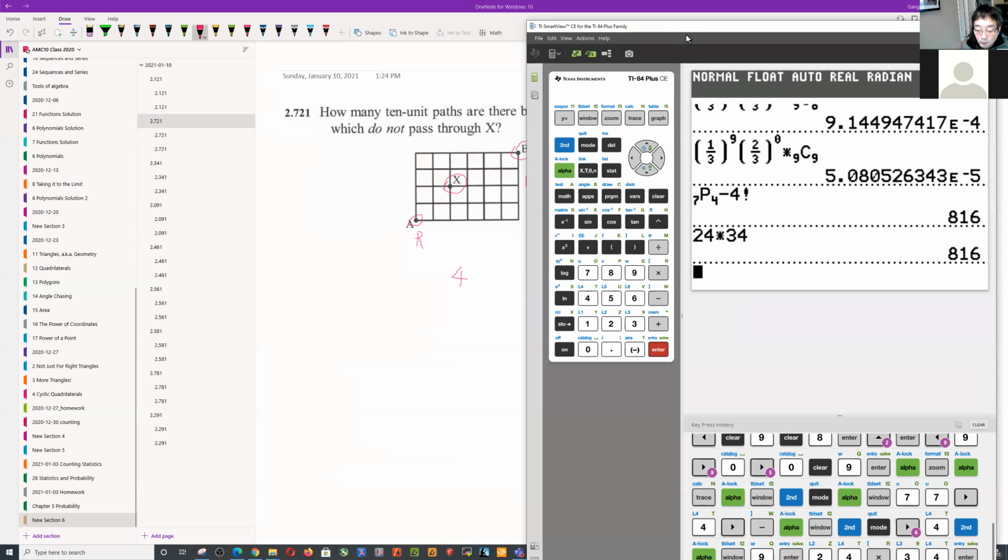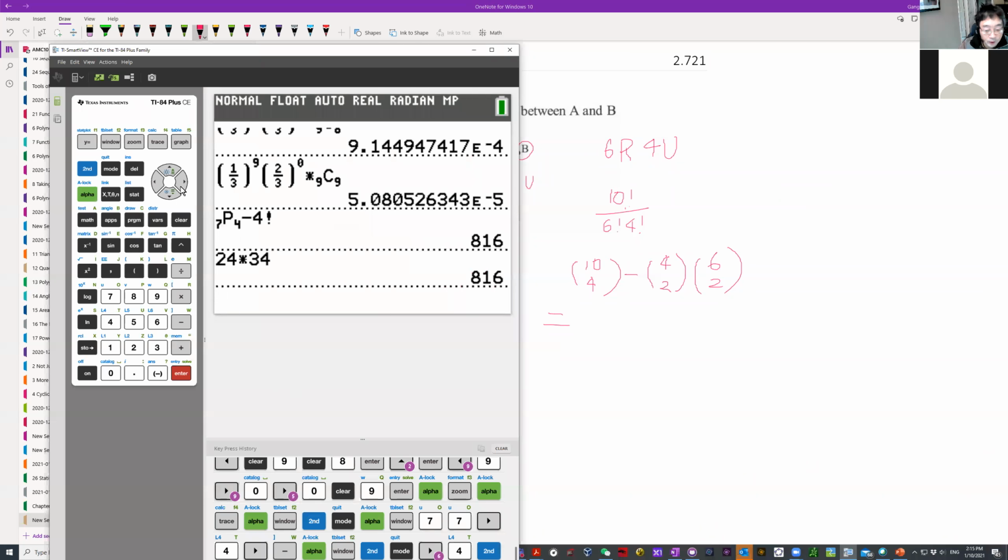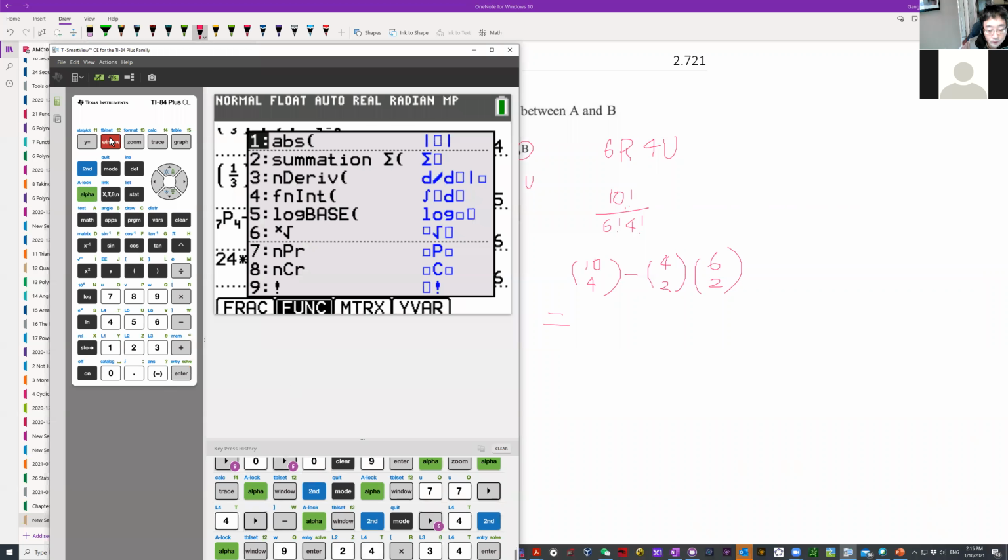Those statistics problems in the long term, it's not about calculation. So basically it's about thinking. So I just use the calculator to do it. So I do the alpha window, and this is the 8th function.